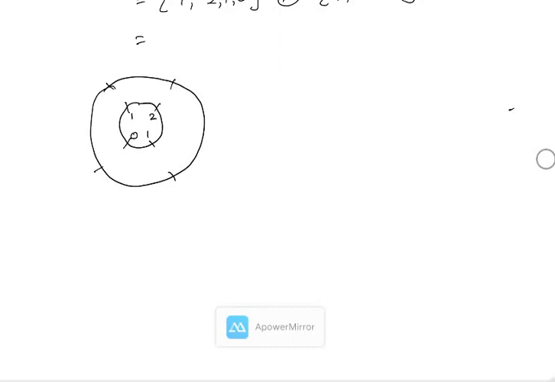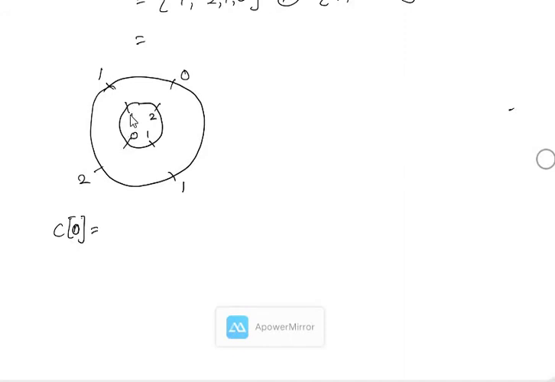So you start with 1, 2, 1, 0 and 1, 2, 1, 0. Now you can multiply. 1 times 1, this is for c[n], c[0].